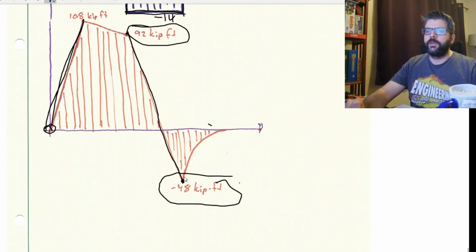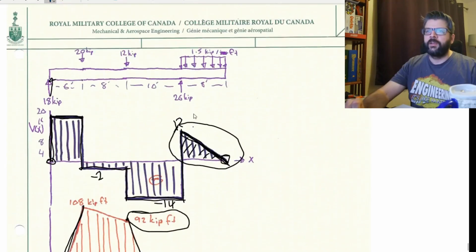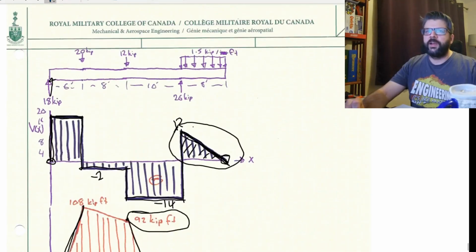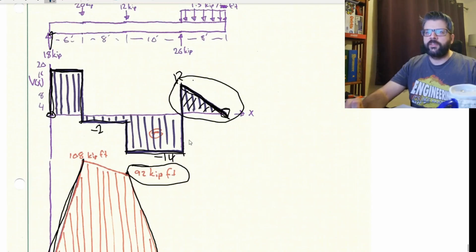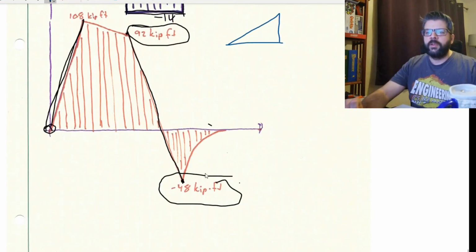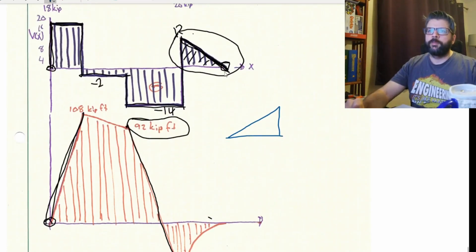So we know the distance, but it would be a different scenario if the shear, instead of looking like this, looked like that. The total amount of change in the moment would be the same if the area was the same, but we need to keep in mind that the slope is proportional to the value of the shear.